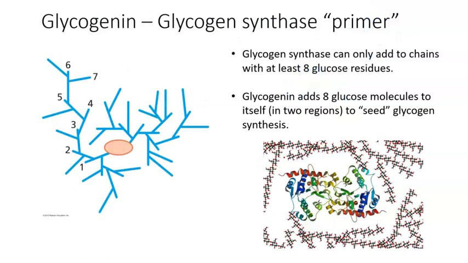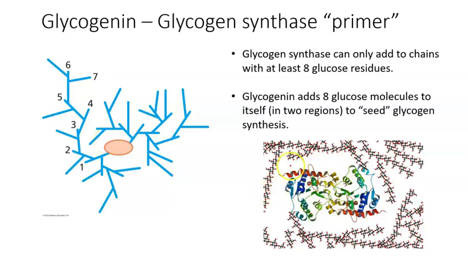Glycogenin is an enzyme, and glycogen synthase. This is the primer. Before we can really go to town on this, we have to have 8 glucose residues that start this seeding process. There's actually a protein in the middle of this, and the glycogenin adds 8 glucose molecules to itself.